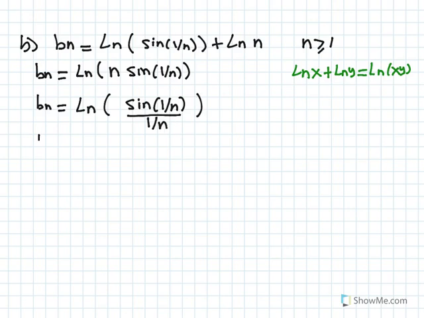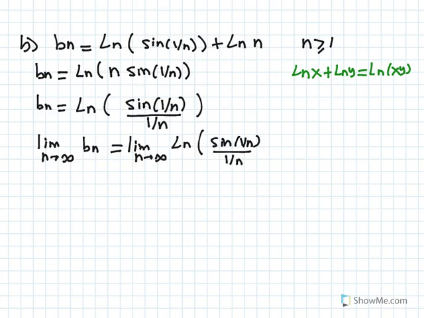Now let's take the limit as n goes to infinity of both sides. So the limit of b_n is equal to the limit as n goes to infinity of log of sine of 1 over n divided by 1 over n.